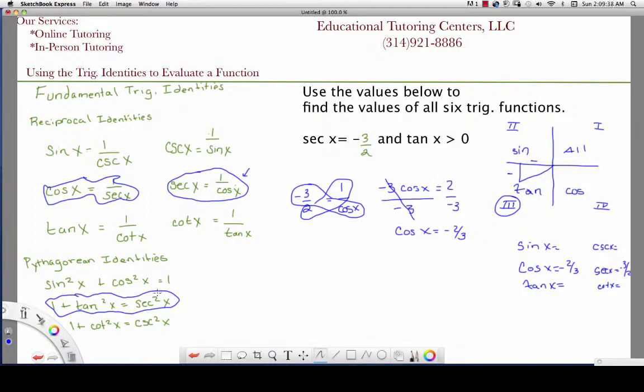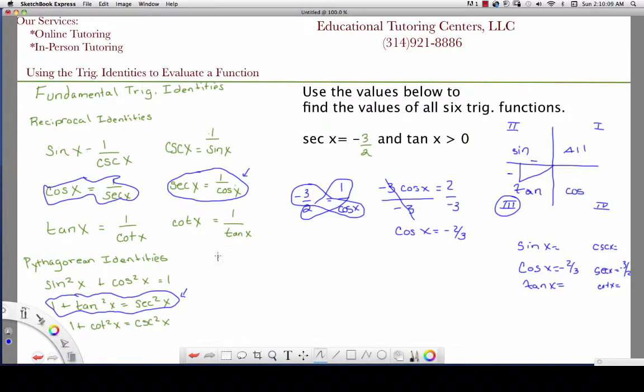So I'll plug it in here and go ahead and get my tangent value, and then I'll have my cotangent, and then I'll start working on my other functions.